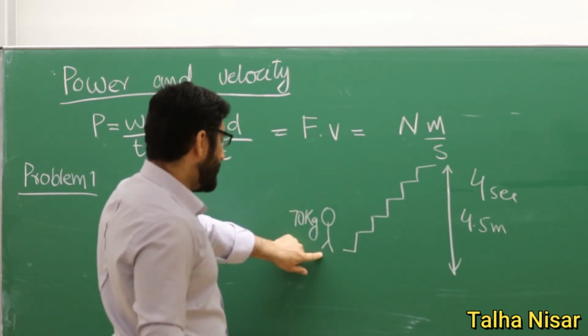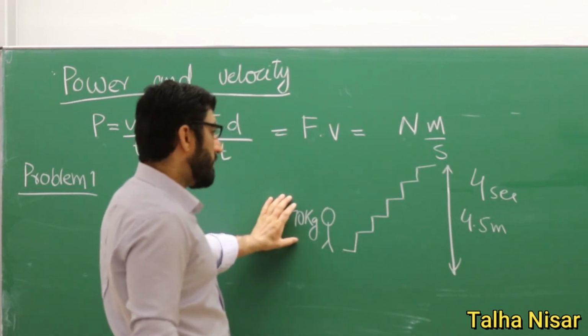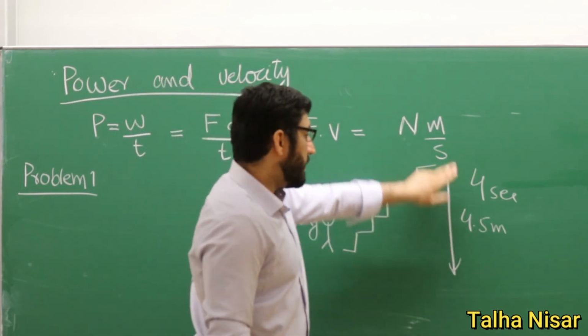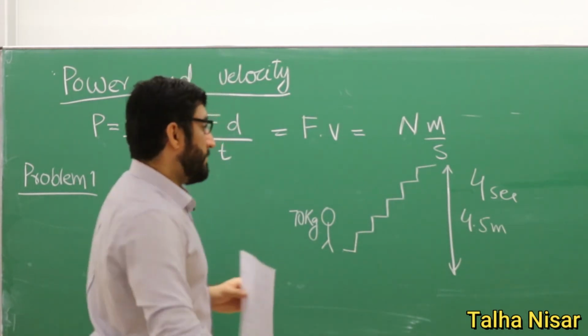Since the person is going against gravity, we will use the gravitational force. We have the displacement and we have the time, and we are asked to calculate the power.